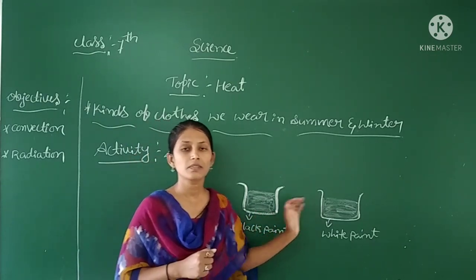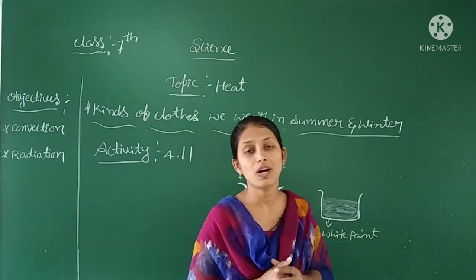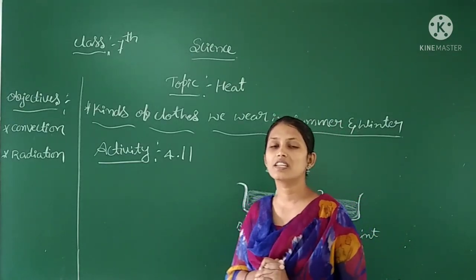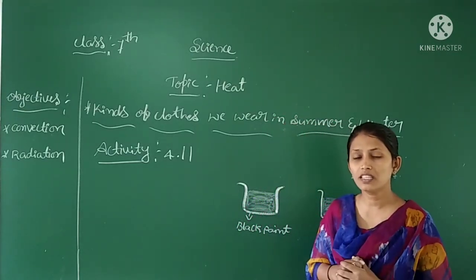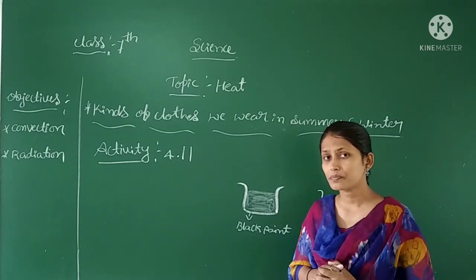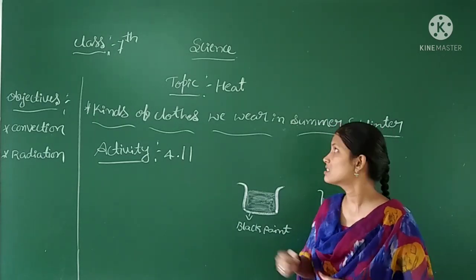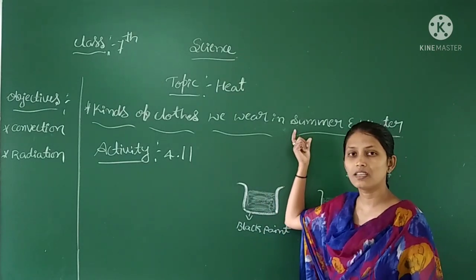Dear children, from these two activities, what have we noticed? What do these activities suggest to us? You might have seen that we wear light colored or white colored clothes during the summer season, right?